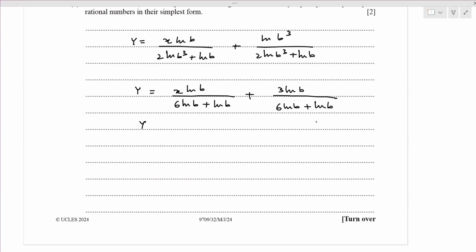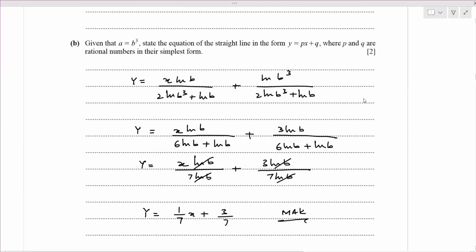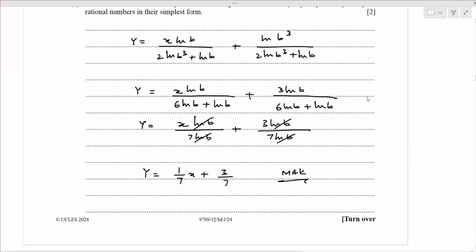Now y equals x ln b divided by 7 ln b, plus 3 ln b divided by 7 ln b. ln b cancels out. So y equals 1 over 7 x plus 3 over 7. This is the straight line equation. We have to write in this form, y equals. Hopefully it is also clear, a question of log.